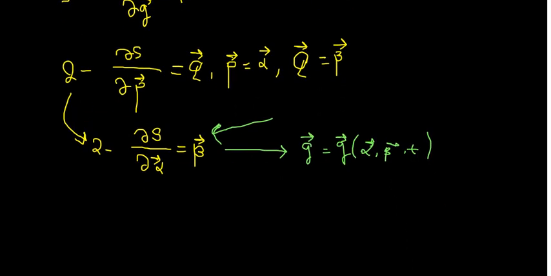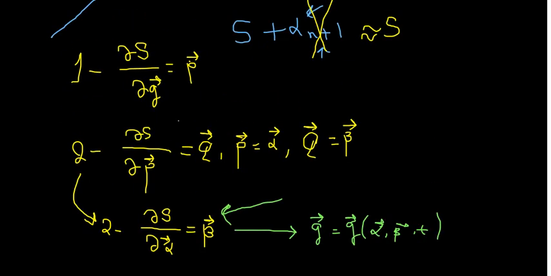After that, we're gonna plug this s into the other equation, the first one, and solve it for p, and this will get us p, the other canonical variable we're after. We're after those two canonical variables, p and q. It's gonna give us p as a function of alpha, beta, and t as well. So that's it. We've solved the dynamical problem, just by getting the s and plugging into those two equations right here.